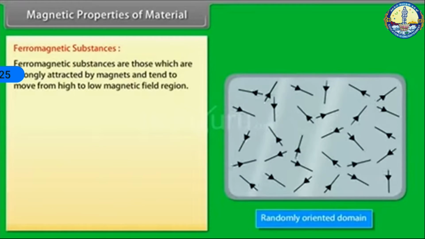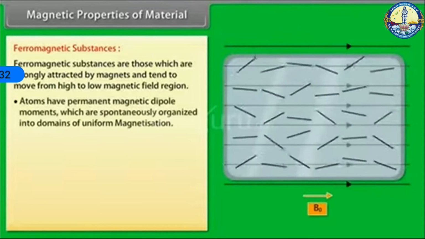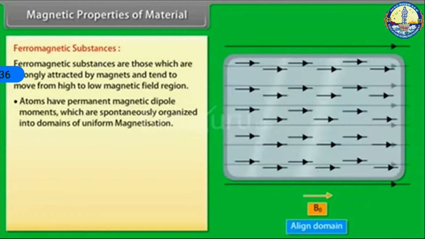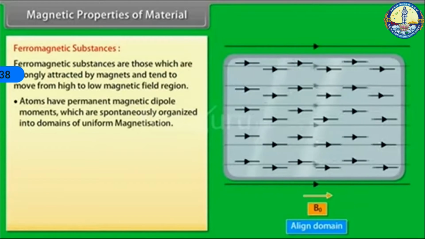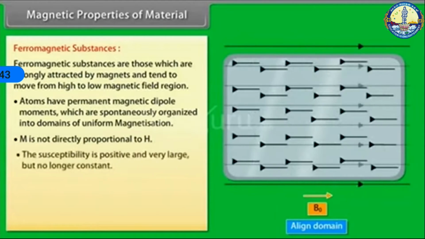Ferromagnetic substances. Ferromagnetic substances are those which are strongly attracted by magnets and tend to move from low to high magnetic field region. Atoms have permanent magnetic dipole moments which are spontaneously organized into domains of uniform magnetization.